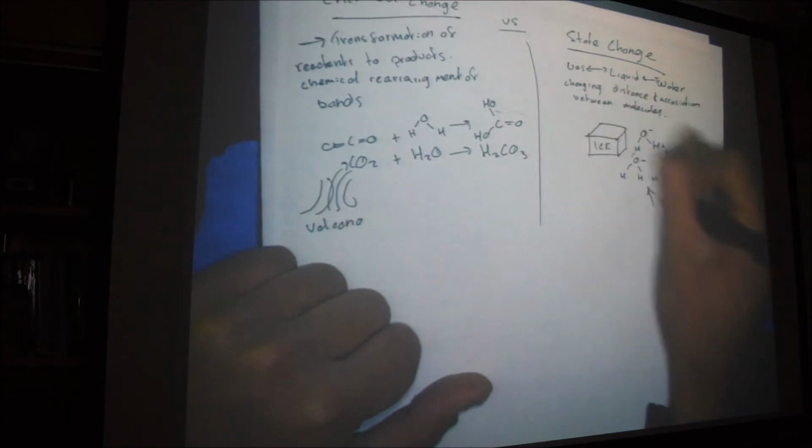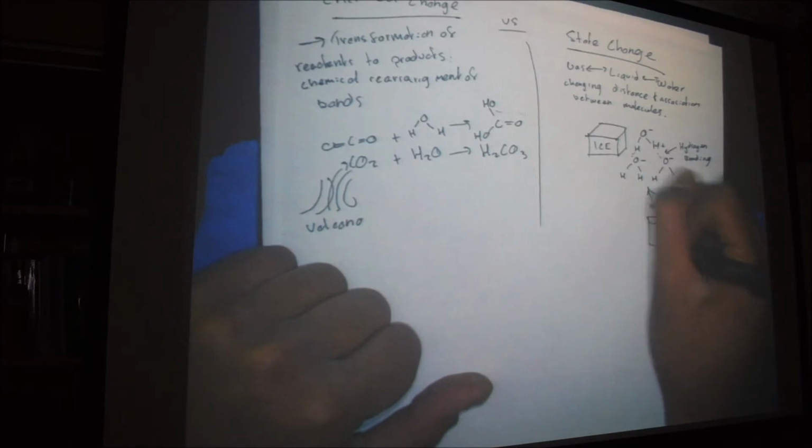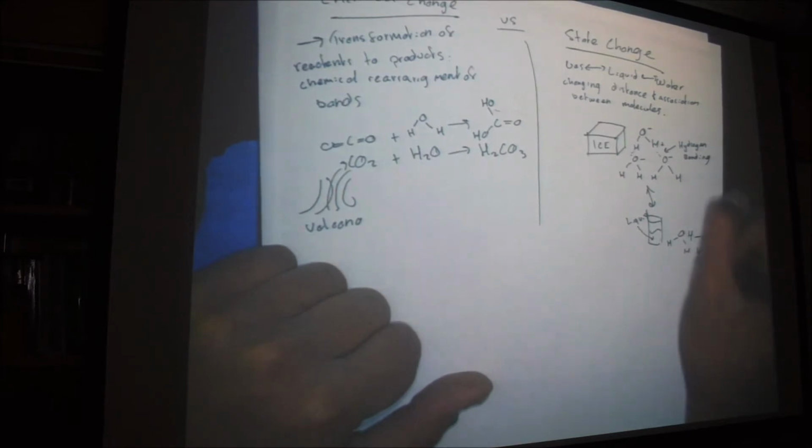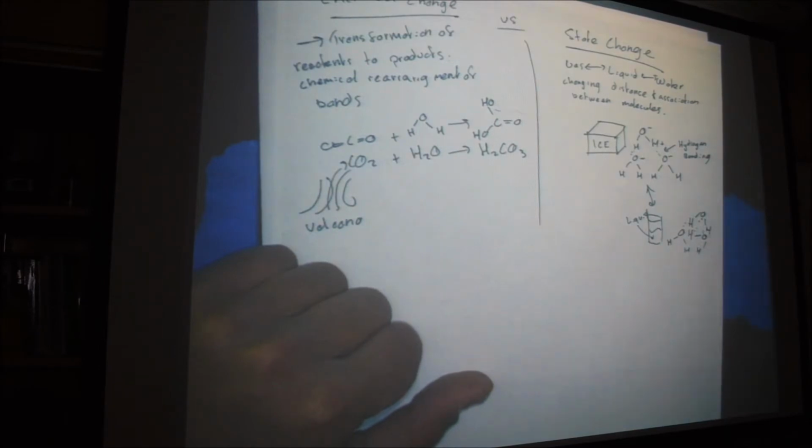Let's say we switch over to a liquid. So now we have a cup of water. Right here, this is liquid. And inside that liquid, you have all of these disorganized, all over the place water molecules. But there's still an association. So that's what's going on there.